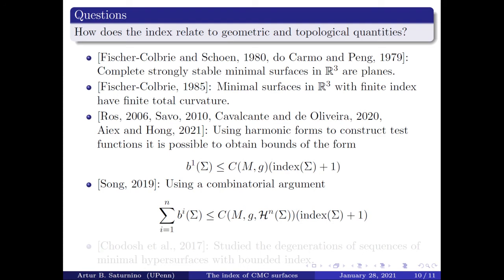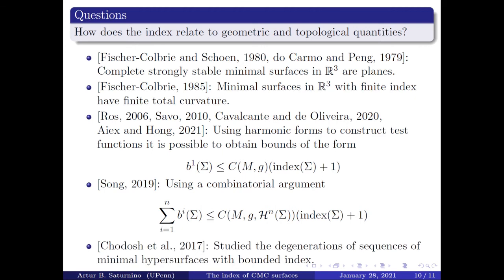Here, for Song's argument, you also need some dimension bounds, the usual dimension bounds. One of the main differences between Song's argument and the arguments by Ros and others is that to use these harmonic forms, you need a lot of symmetry in the ambient space, and Song didn't assume anything about the ambient space except for some dimension bounds.